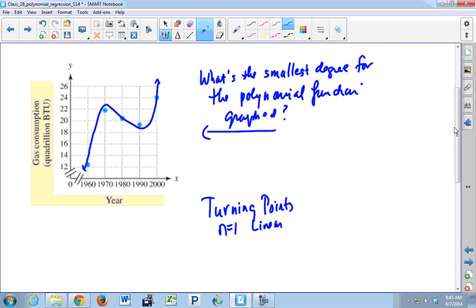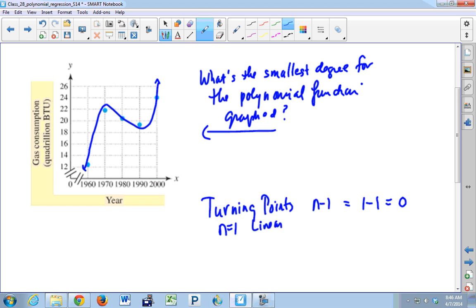So do you think that this would be a good model for a linear function? And also, let's use our turning points idea. The most number of turning points any polynomial can have is n minus 1. So if we put 1 in, it says it has no turning points. Is that true for any straight line? It has no turning points?